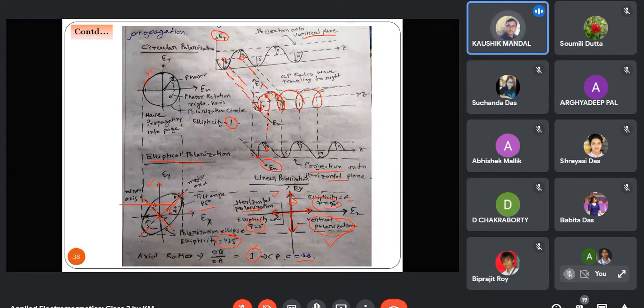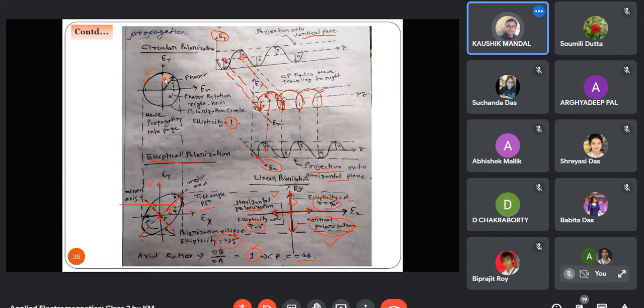Now depending on the amplitude of the x component and y component, the major axis and minor axis of this elliptical path may change, and also depending on this phi value, we can define linear polarization as well as circular polarization.